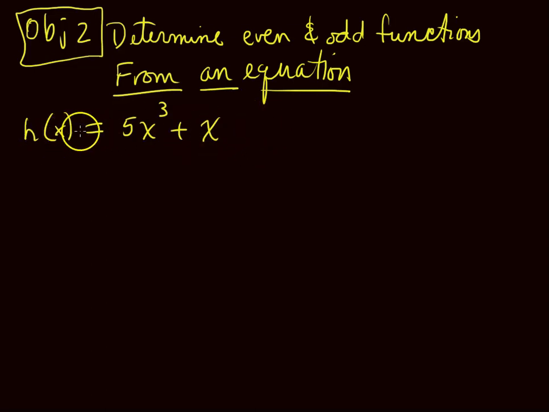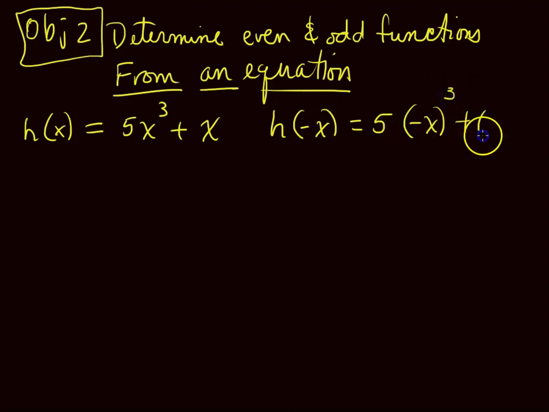You've got h of x, you need h of a negative x. Well, what does that mean? Put in a negative x every place you see an x. So it's 5 times a negative x cubed plus a negative x, which, because x cubed, this odd exponent, that'll stay negative. It'll be a negative 5x cubed, and this will be minus x.